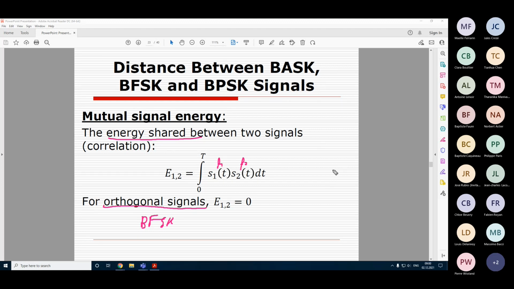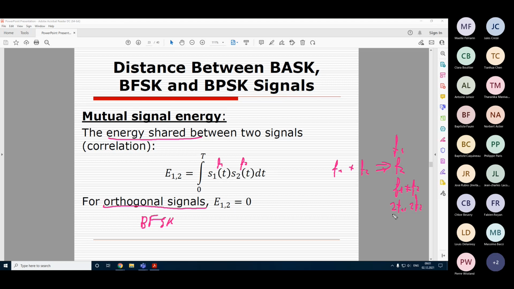Multiplication of signals with different frequencies, F1 and F2, will produce intermodulation components. As you remember, it will produce not only F1 and F2, but also F1 plus minus F2. It will produce double F1, double F2.